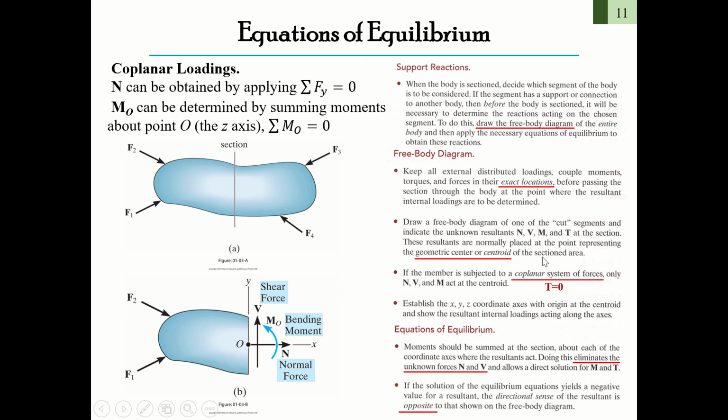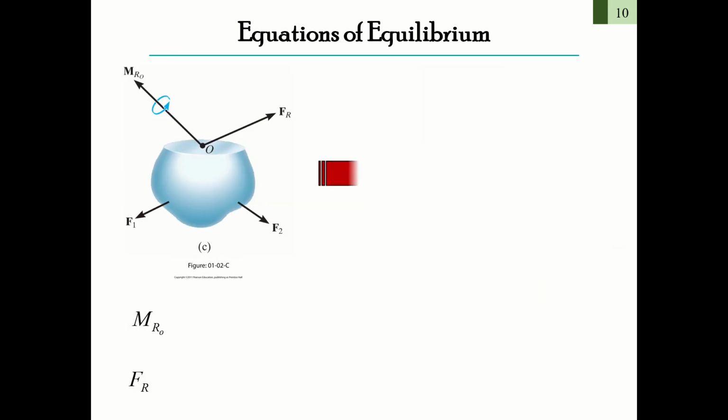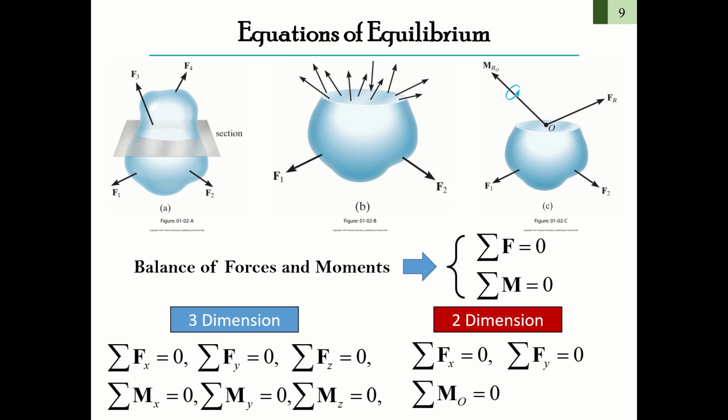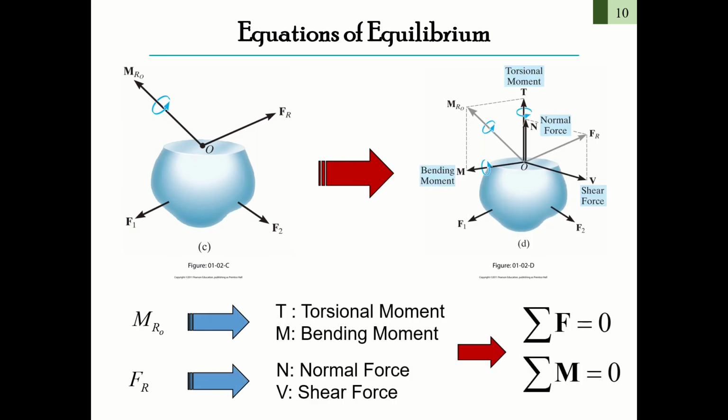At which point? Usually we select the geometric center, or we call it the centroid of the section area. If the member is subject to a couple system of forces, it won't have torque.